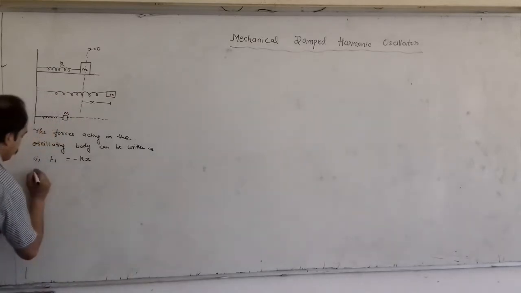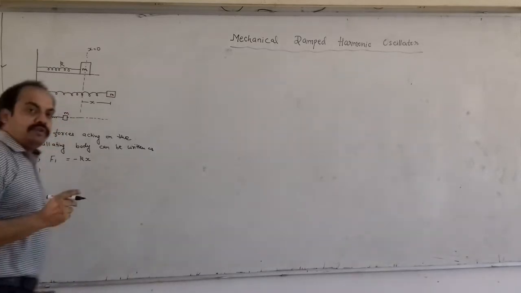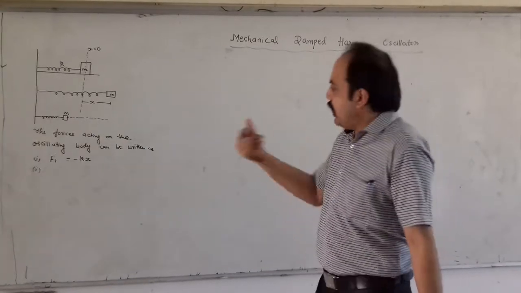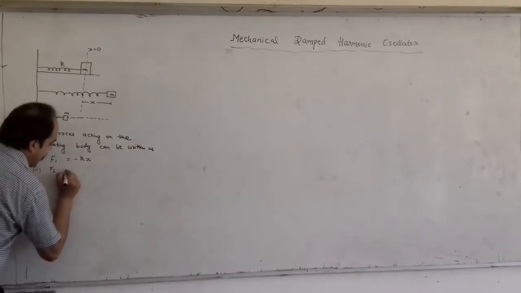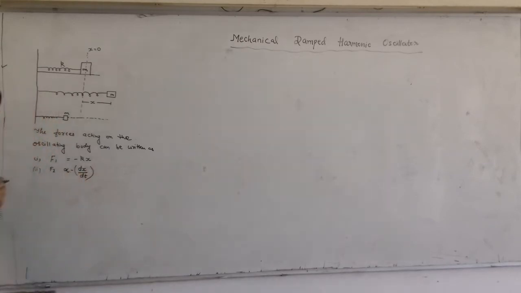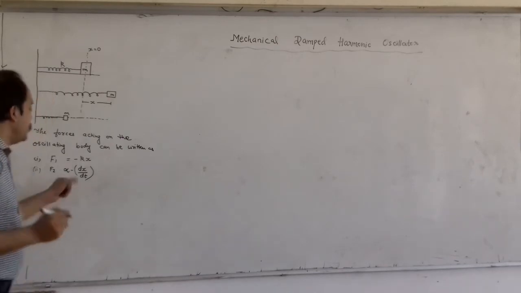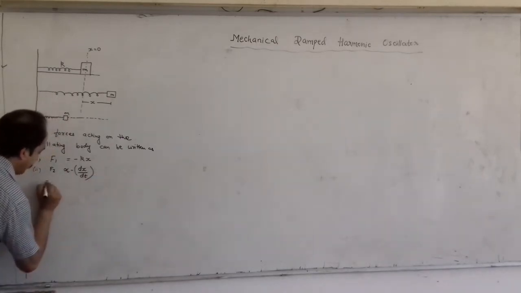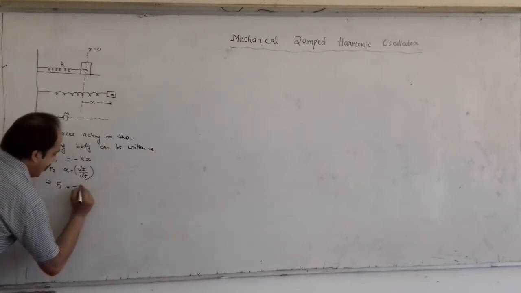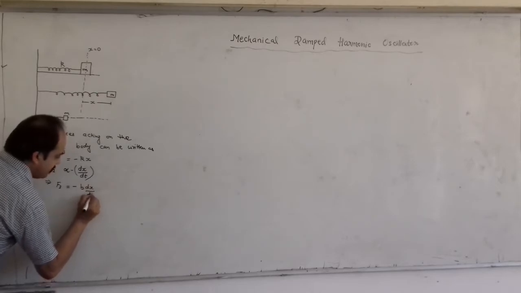This is our force 1, and the second force, which we ignored in the simple harmonic oscillator, is the frictional force. This frictional force F2 is directly proportional to the velocity, but in the opposite direction. The negative sign shows the opposite direction. So this force can be written as F2 equal to minus b dx by dt.